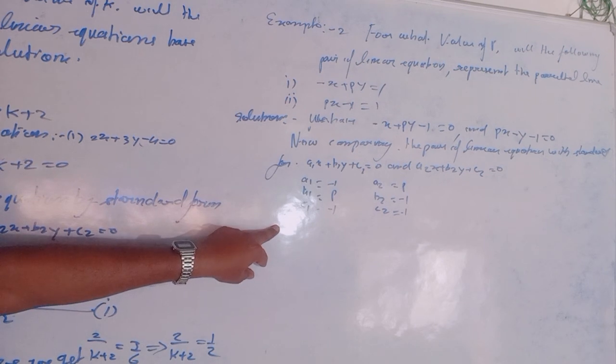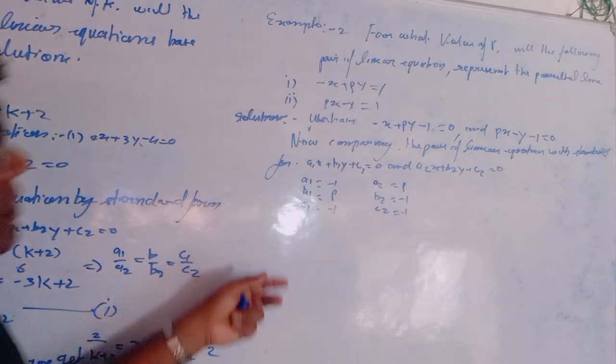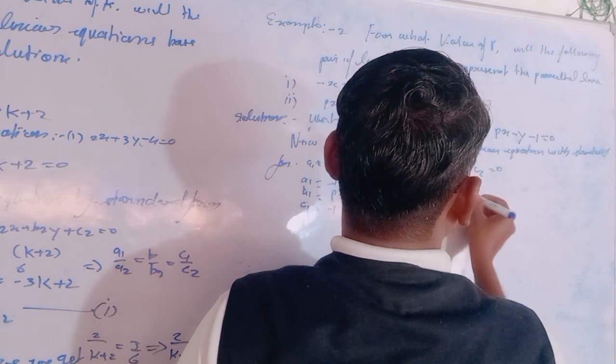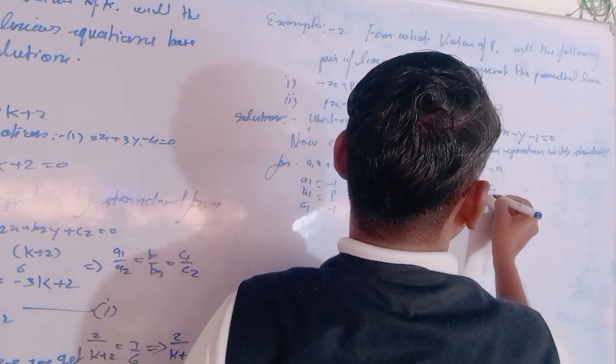Now we will write the formula for parallel lines: a1 by a2 is equal to b1 by b2 is equal to c1 by c2.